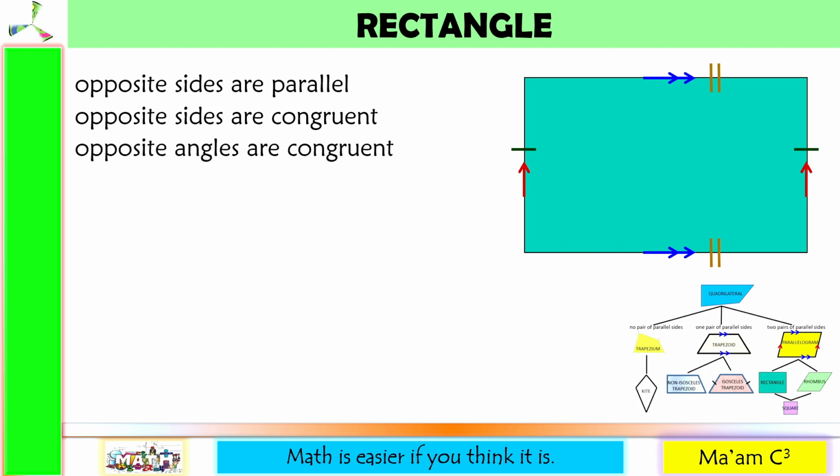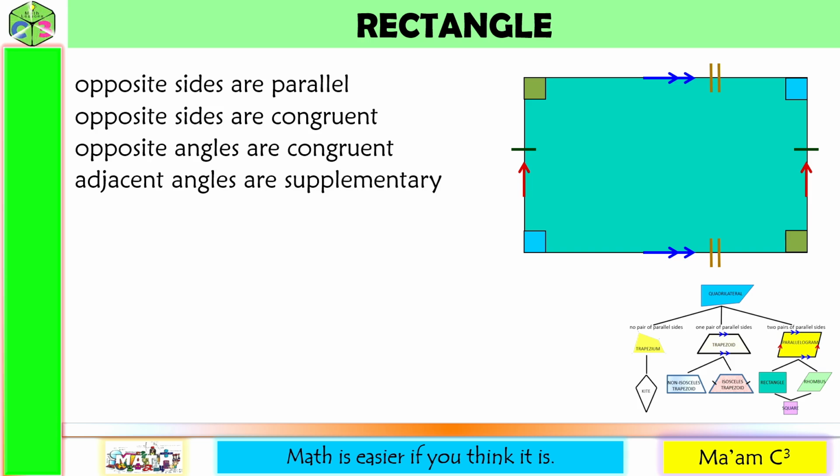We have opposite angles are congruent, such as these two opposite angles and these two here. Also, adjacent angles are supplementary. Adjacent meaning they are consecutive. Like these two here, when you add their measures, it will be equal to 180 degrees. Supplementary.